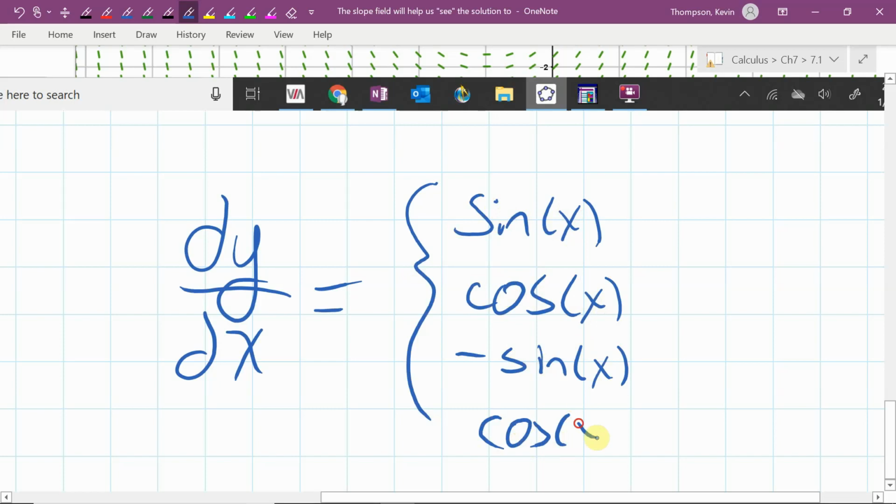I'm going to type in one of these four things, show you the slope field, and you're going to tell me what the differential equation was. Got it?